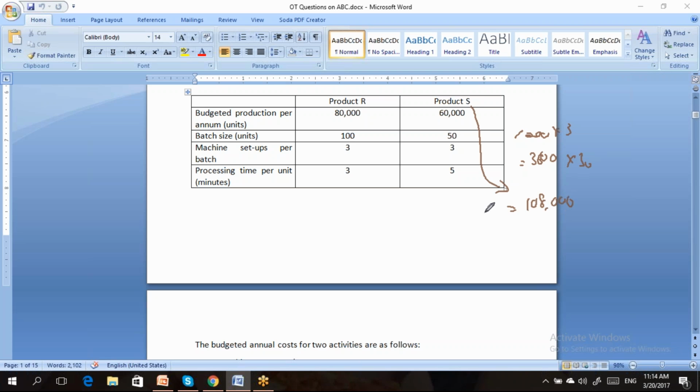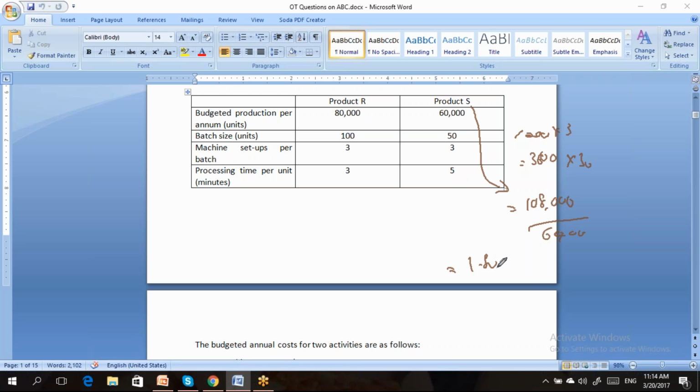How many units are they producing? 60,000 units. So 108,000 divided by 60,000 will give us the setup cost per unit of S. We can also do it directly: we have 30 per setup, into 3 setups per batch, so that's 90.